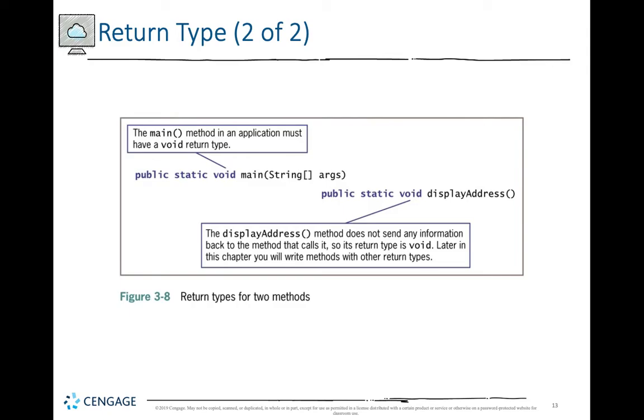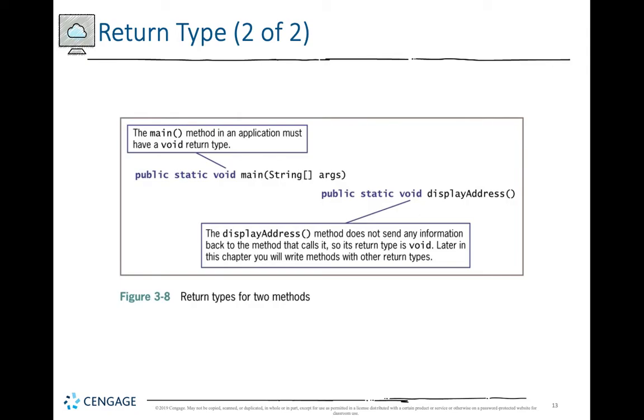Both of these, main method and display address, do not send any information back through the method. Now, don't get this confused, because when we use System.out.println, that's using input output. That's not using a return value.